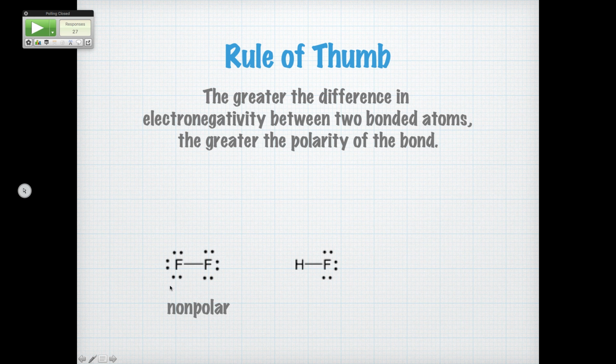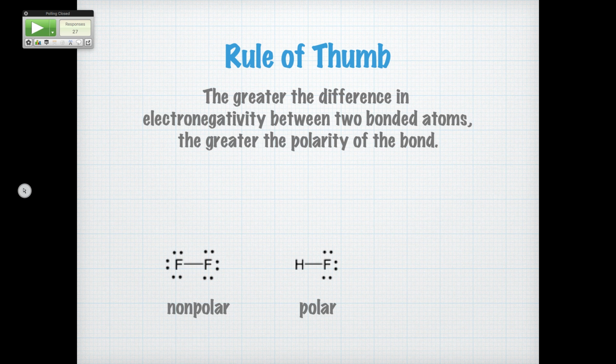What about HF? Fluorine was 4. What was hydrogen on that? Was it 2.1? I know a couple of those numbers, but not a whole lot. The difference between 4 and 2.1 is a big number, so that's a polar bond. If I asked you which has more of the electron density, fluorine or hydrogen, which would you pick?